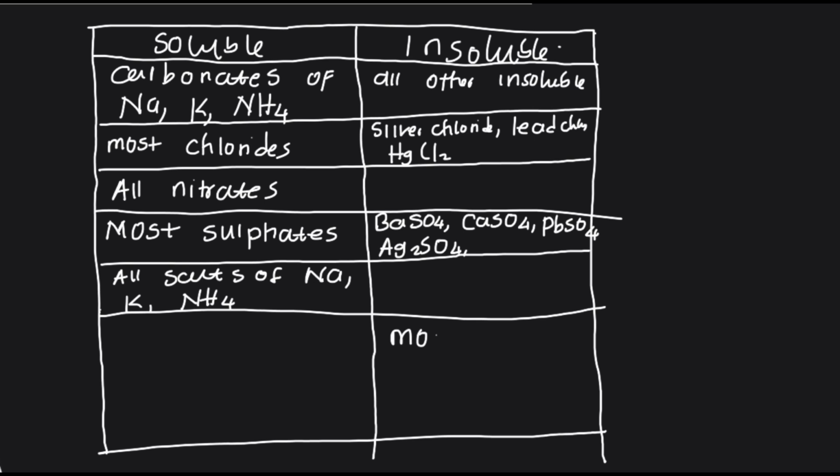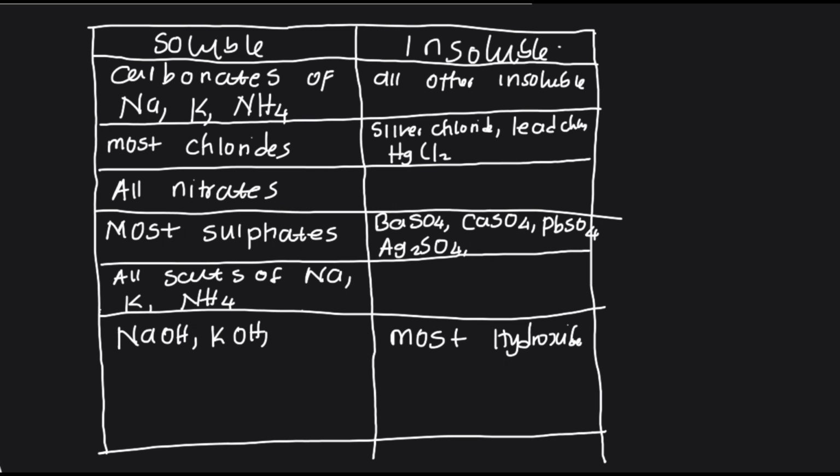For this, we'll just say most hydroxides are insoluble, except for the alkali metals. So sodium hydroxide is soluble. Potassium hydroxide is soluble. Or we can say all hydroxides of group 1 are soluble.